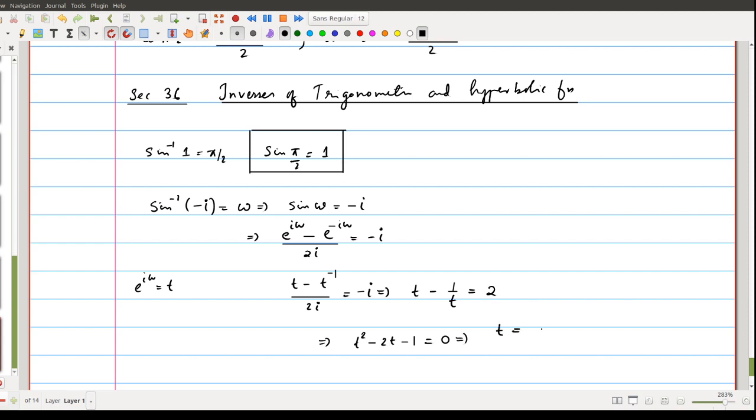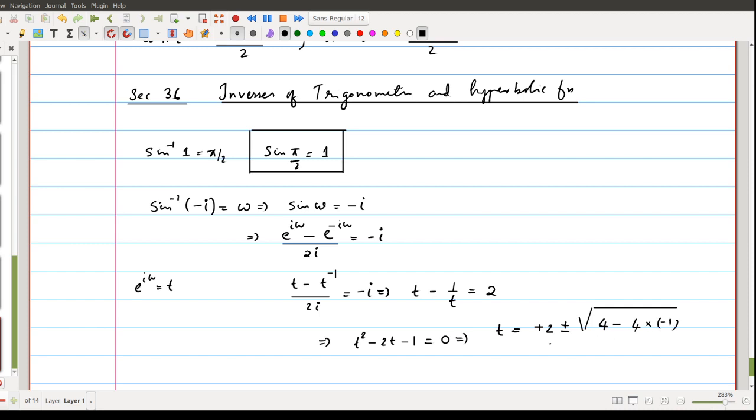So t is equal to negative b, that is minus of minus 2, that is 2, plus or minus square root of b square minus 4ac, whole divided by 2. Here b is 2, so b square is 4, minus 4ac means 4 times a is 1 and c is minus 1.